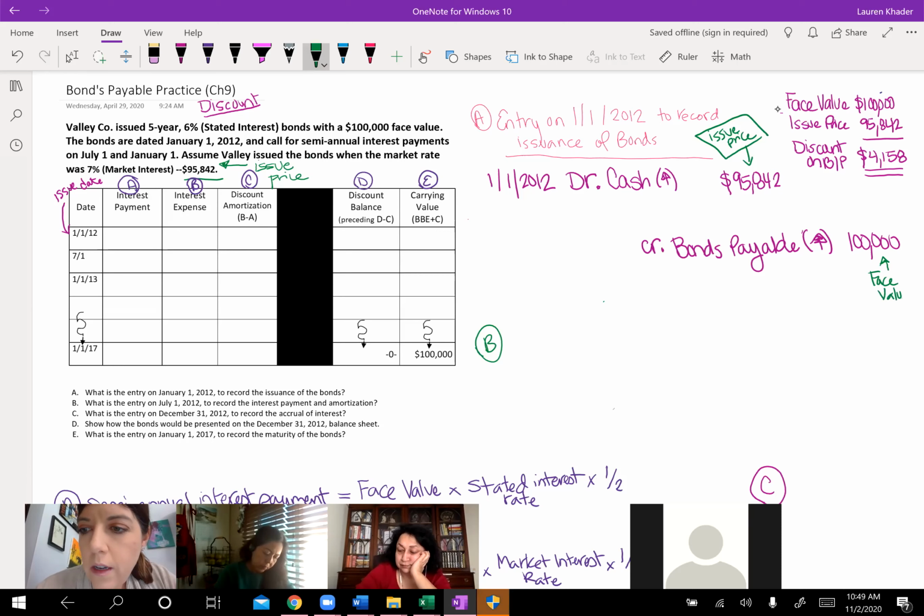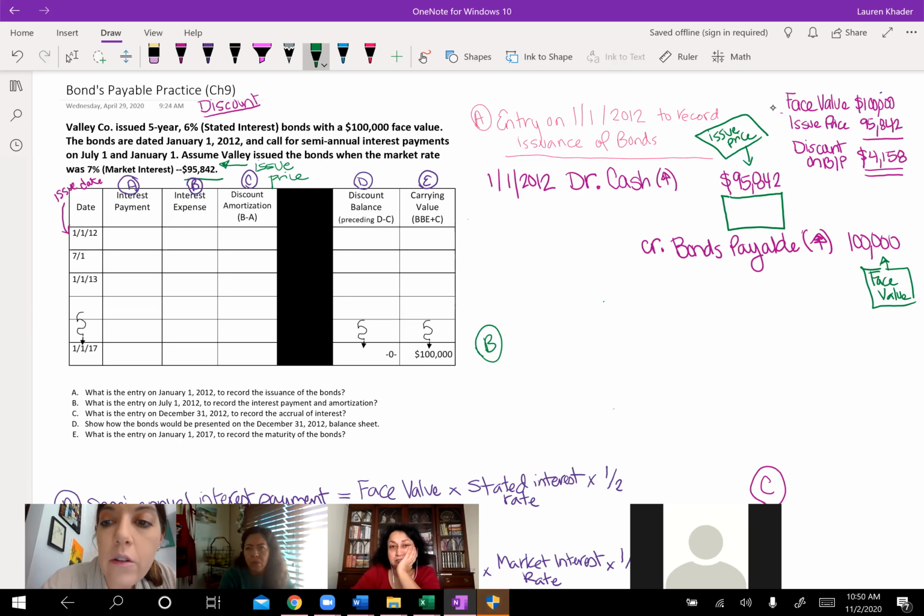Regardless of how we issue the bonds, we're always going to credit bonds payable for face value. Do we balance? No, we need to include the discount on bonds payable, 4,158. The difference that we need is a debit, right?